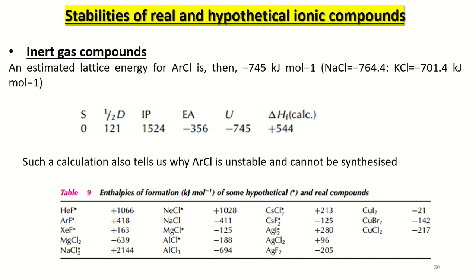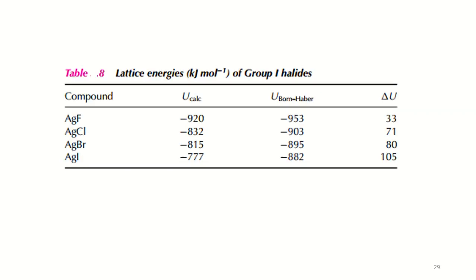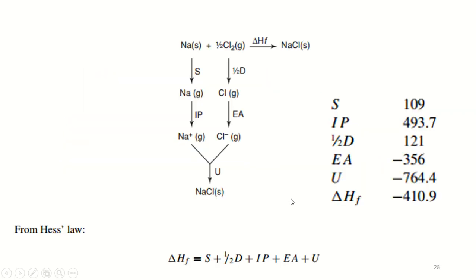For example, 6 enthalpy terms are present in this equation. If all 6 can be determined independently, then the cycle gives a check on internal consistency of the data.